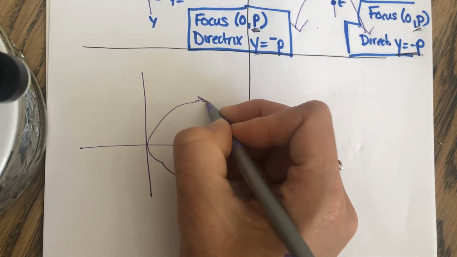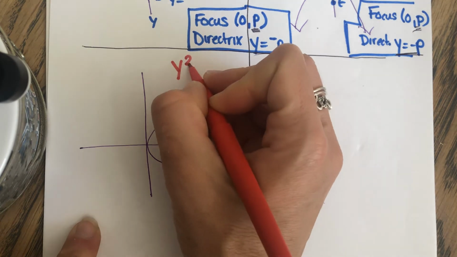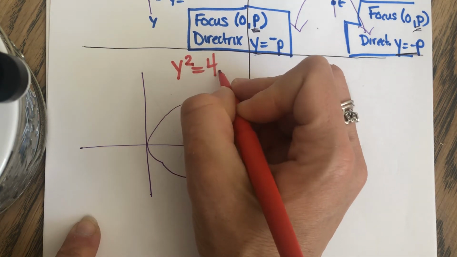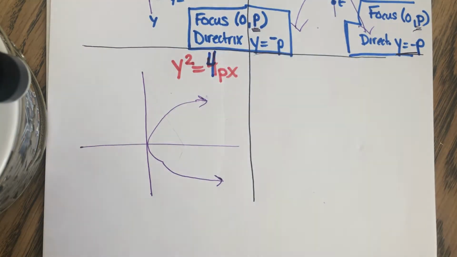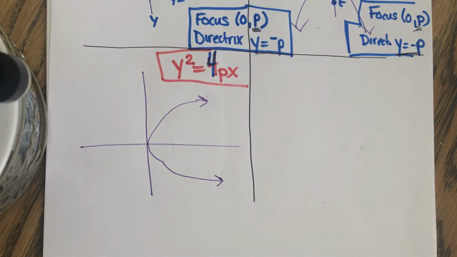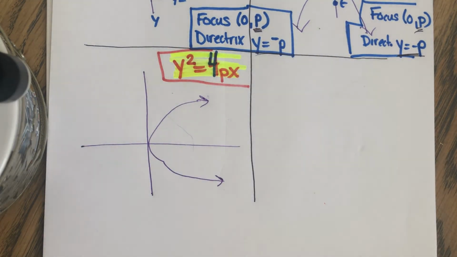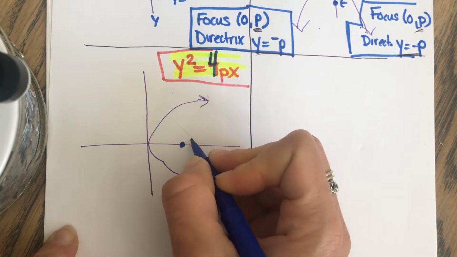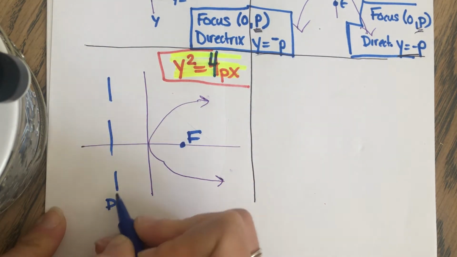So here's my parabola. Now, when my parabola goes left and right, it's a y squared equals 4px. Again, this 4 is a number. The 4 is 4, and p will be a value. So in this case, here is going to be my focus, because I told you it's eating it, and here is my directrix.